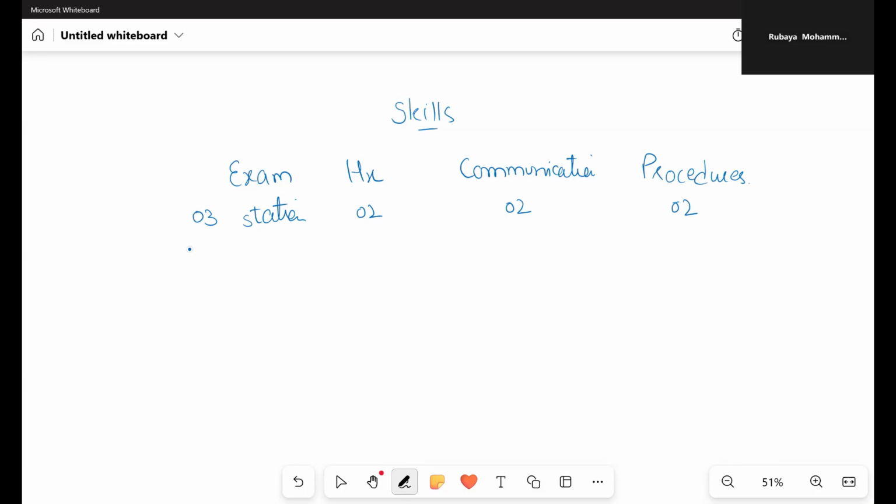In the skill section, in the 9 minutes that you will be provided, a bell will ring at the 6 minute mark. You are supposed to complete your examination by this 6 minute, you are supposed to complete your history by this 6 minute, and you are supposed to complete your procedure by this sixth minute.